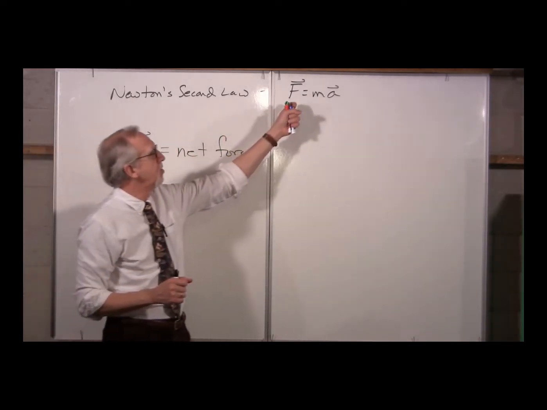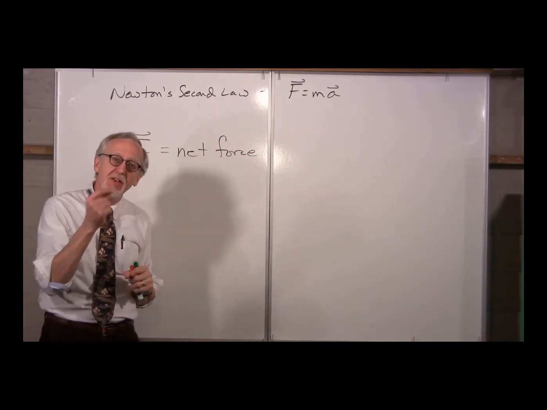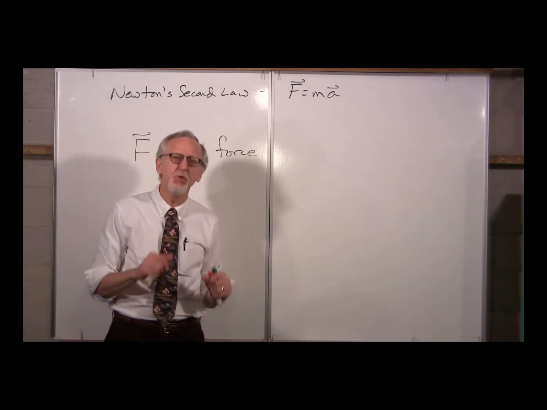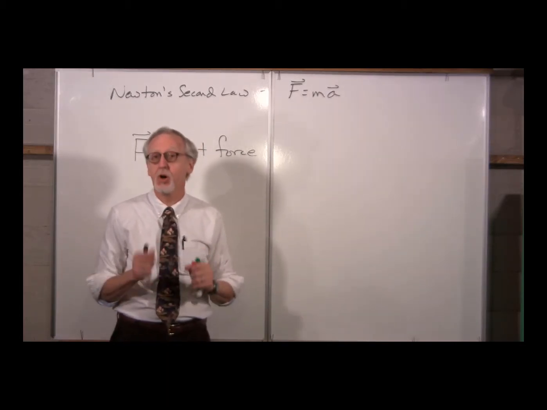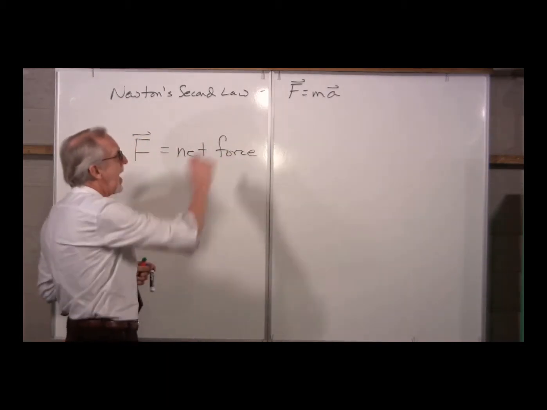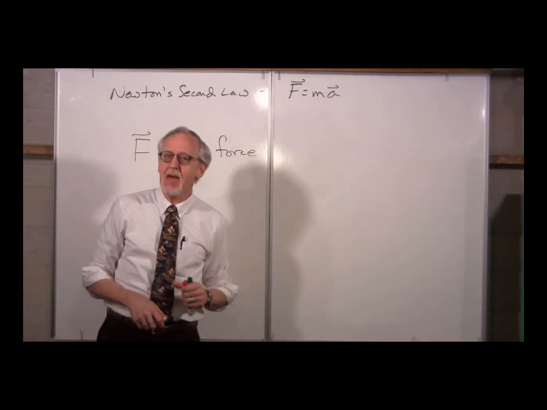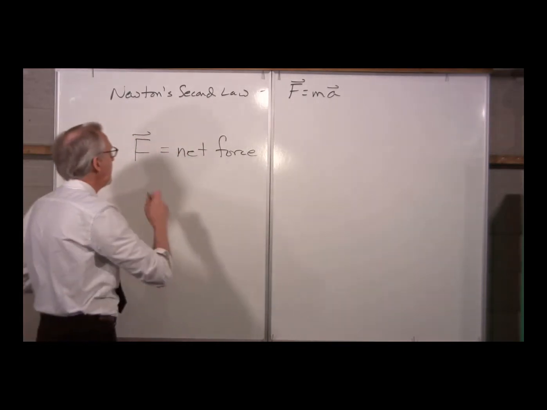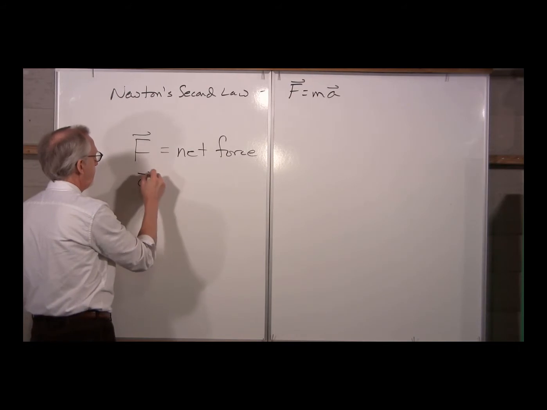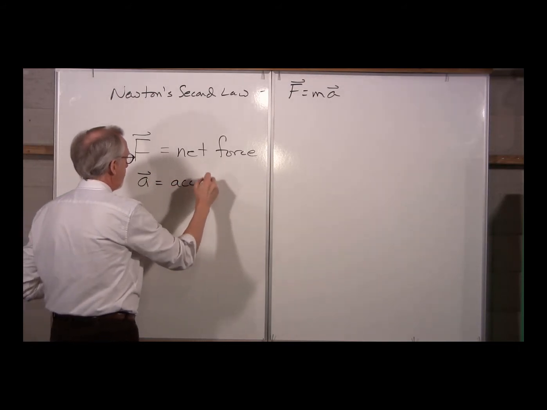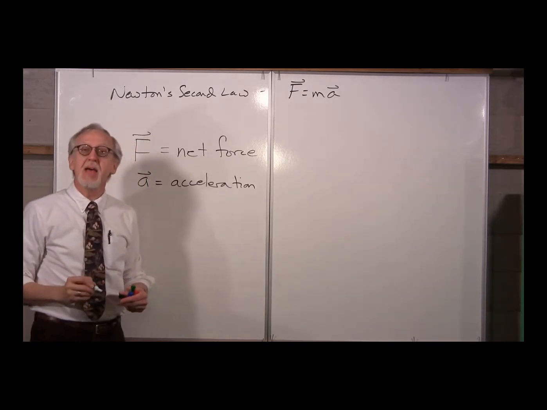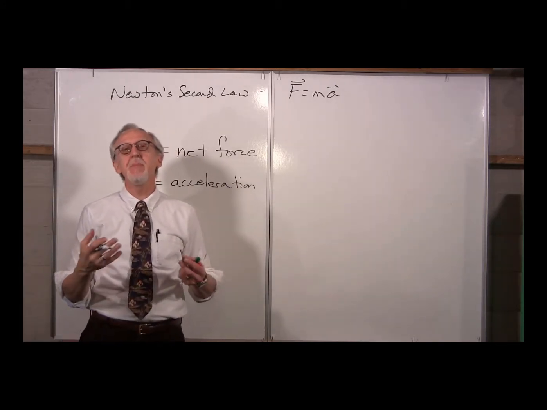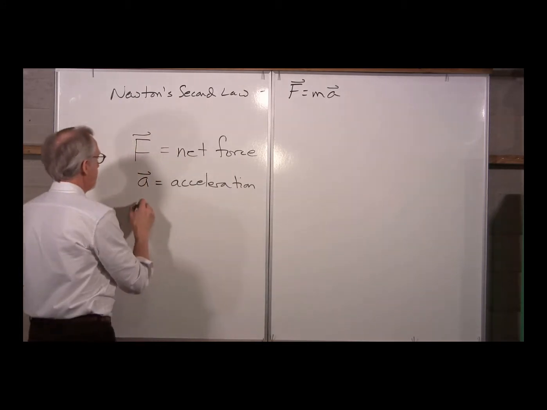Typically we won't always write F net in that equation, but we do have to remember that F is the net force, the total force. A, what's that? It's the same a that we were using before. A is the acceleration. And m is the mass of the object.